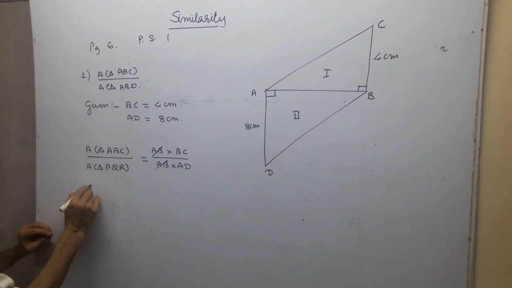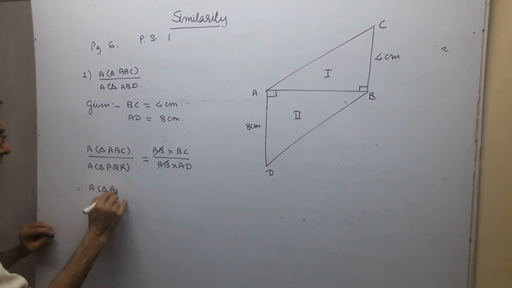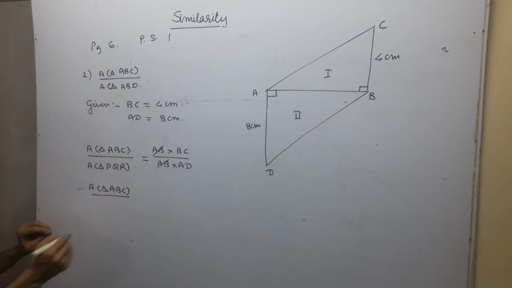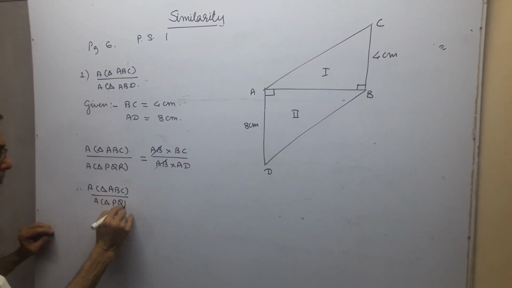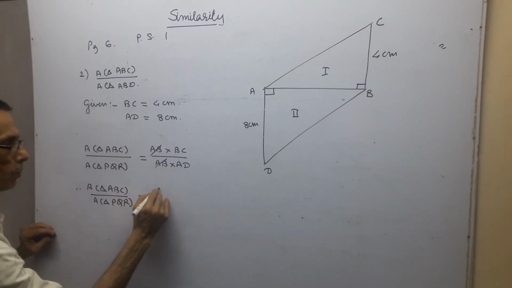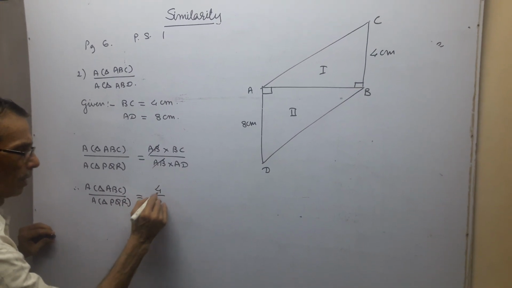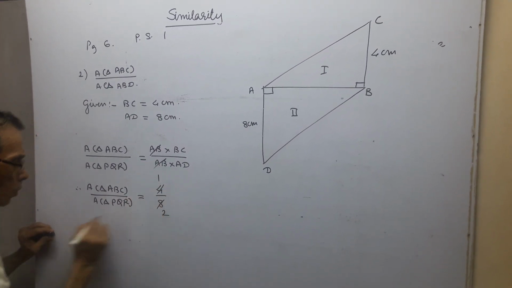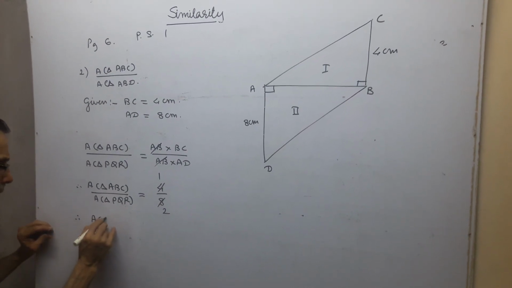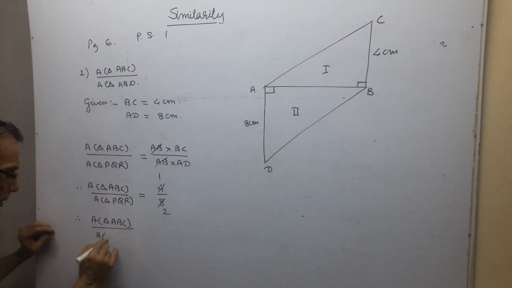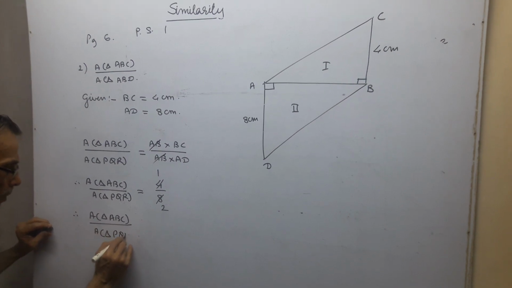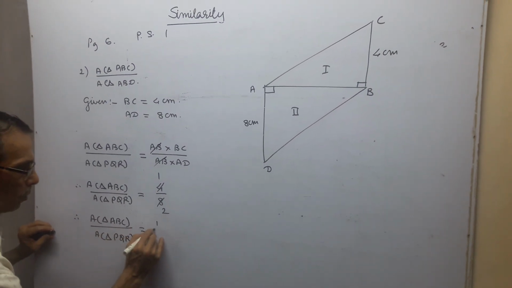And therefore, we get area of triangle ABC upon area of triangle ABD is equal to 4 upon 8. And that is 1 upon 2, so area of triangle ABC upon area of triangle ABD is equal to 1 upon 2.